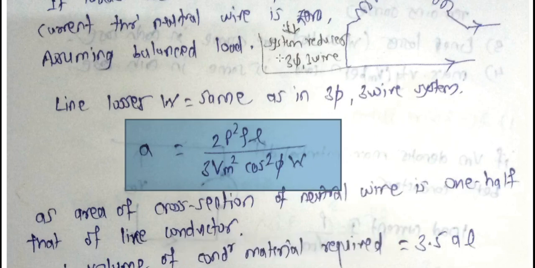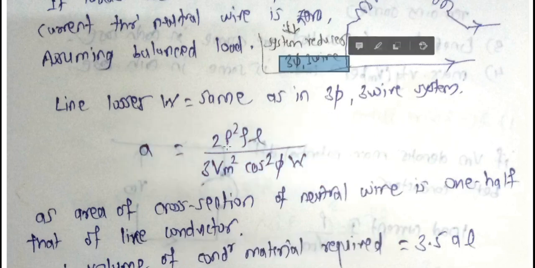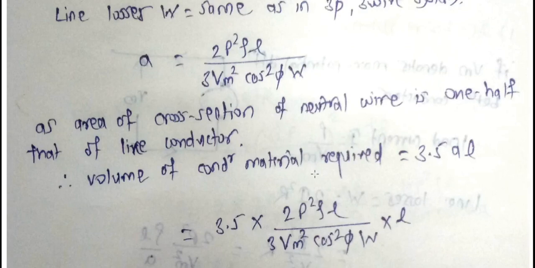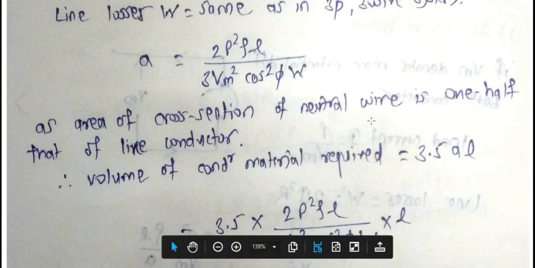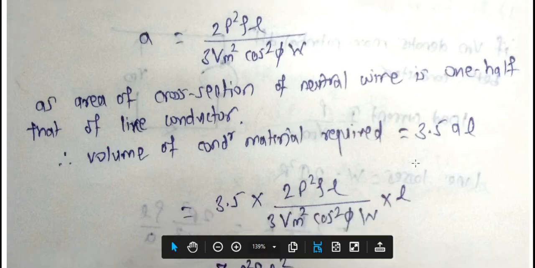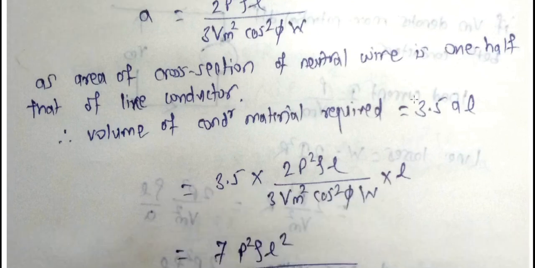So the value of A is 2P squared rho L divided by 3 Vm squared cos squared phi into W. As the area of cross section of the neutral wire is 1/2 of that of the line conductor, the volume of conductor material required is equal to 3.5 times A into L. So we take this 3.5 as a constant, and put in the values of A and L.